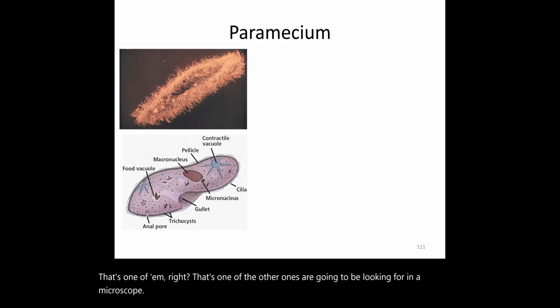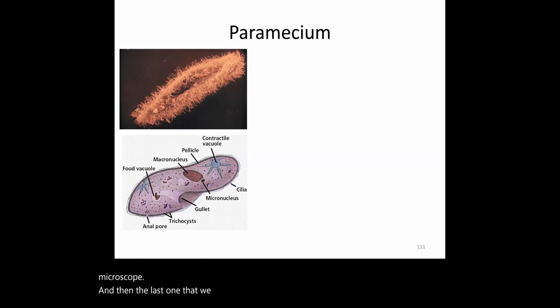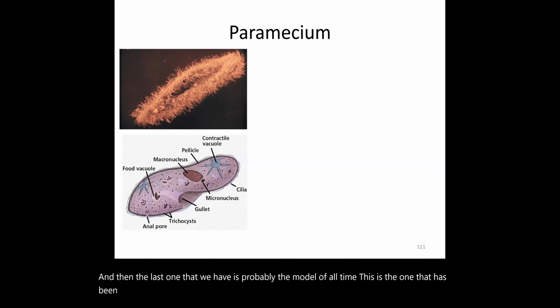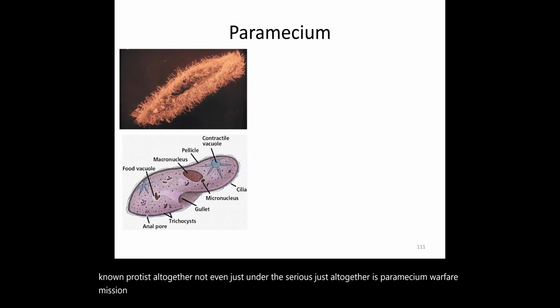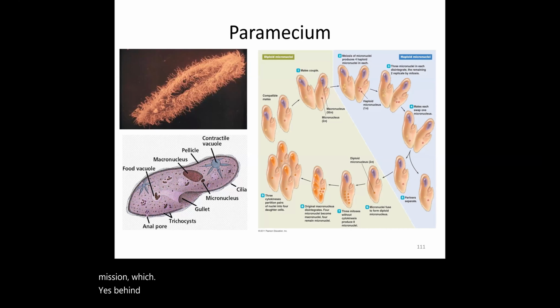And then the last one that we have is probably the model of all time. This is the one that has been described the most and studied the most. This is the most well-known protist altogether, not even just under the ciliates, and it is Paramecium, or Paramecium caudatum, which, as you can see, has the little hairiness when viewed under the scanning electron microscope.